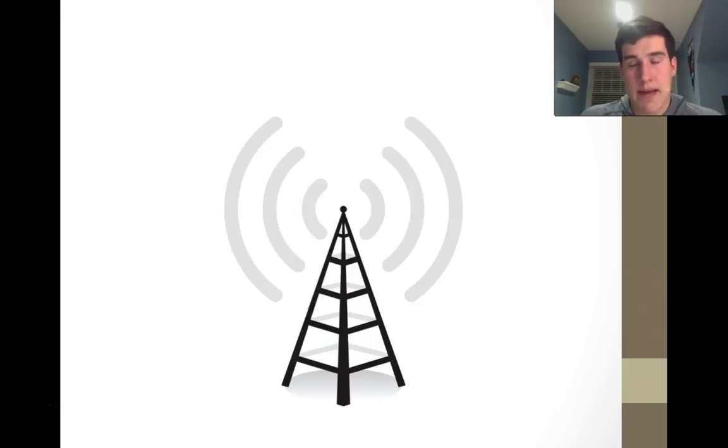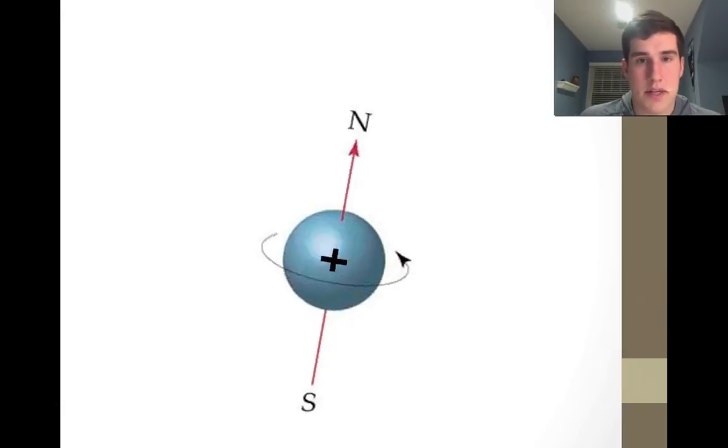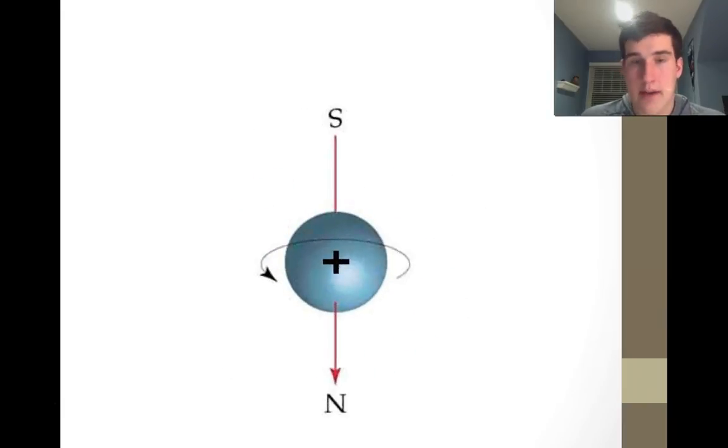When this radio frequency field is applied, the protons absorb the energy from this field and flip their spins, like so, and vice versa for some of the others. But it's not all of the protons, but this is the basic picture.